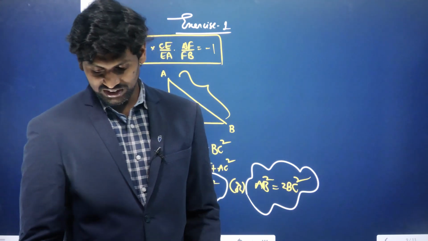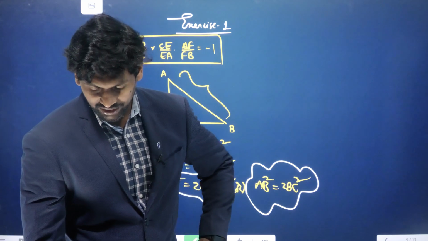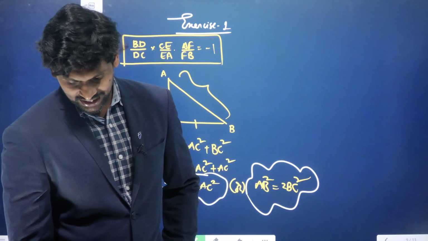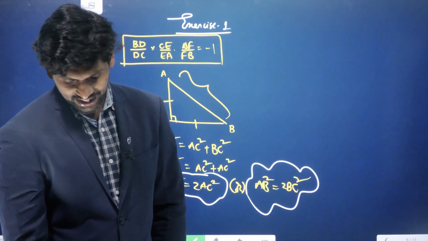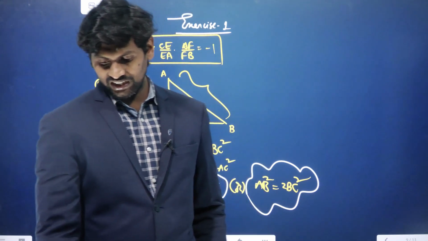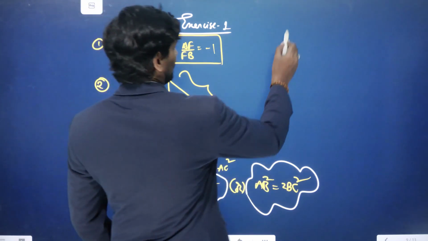Okay, question number 3. In a triangle ABC, if the sides are 11 centimeters, 5 centimeters and 8 centimeters, then the triangle ABC is a dash angled triangle. Can it be an obtuse angle triangle or not? Let us discuss.